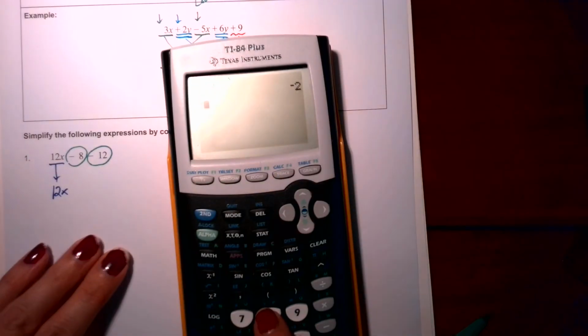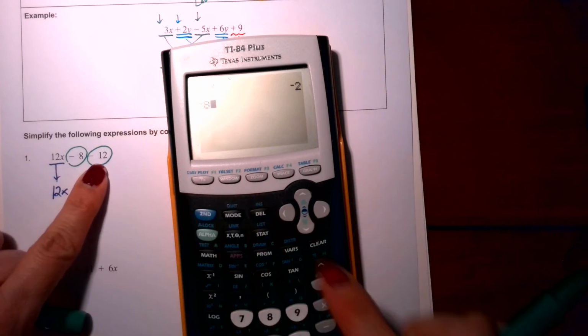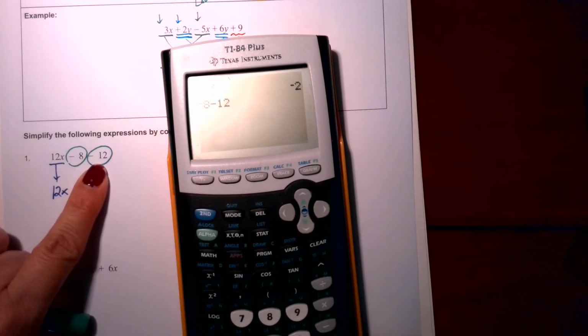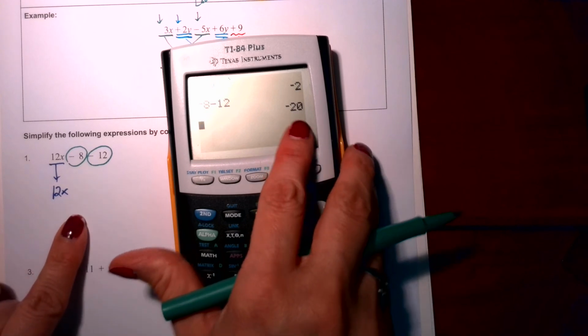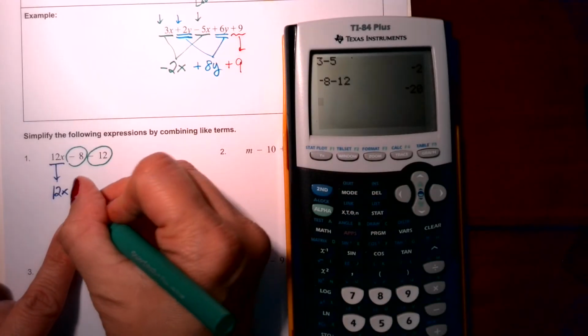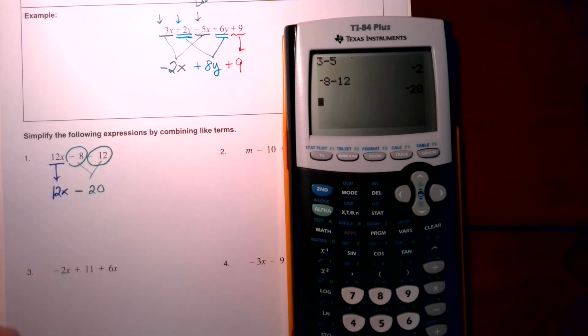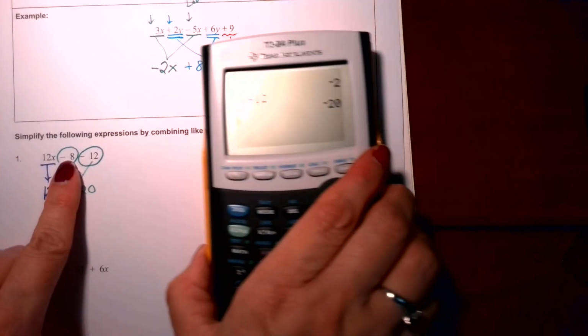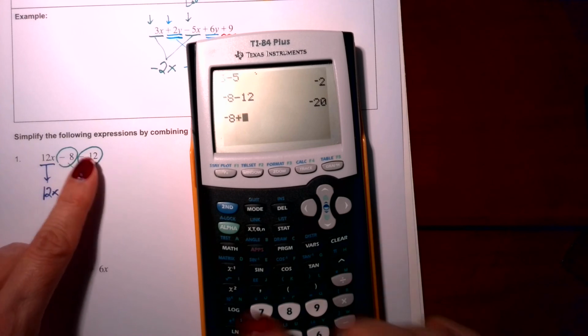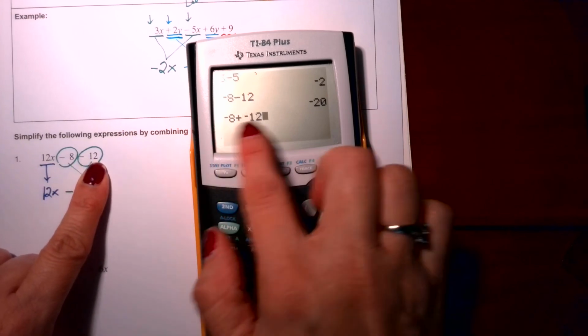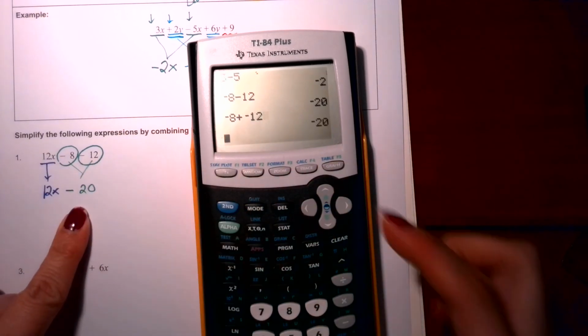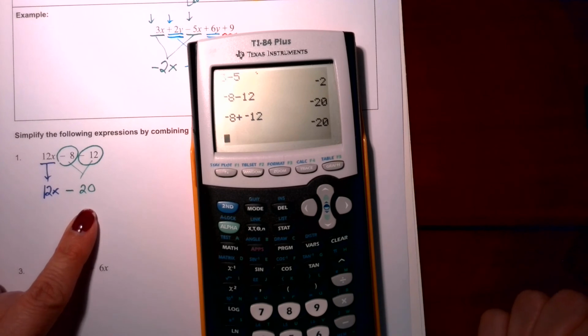So I'm going to type negative 8, minus 12, and that's negative 20. I put the numbers together. Some people like to type negative 8 and then a negative 12. They would add these 2 terms together. That would also give you negative 20.